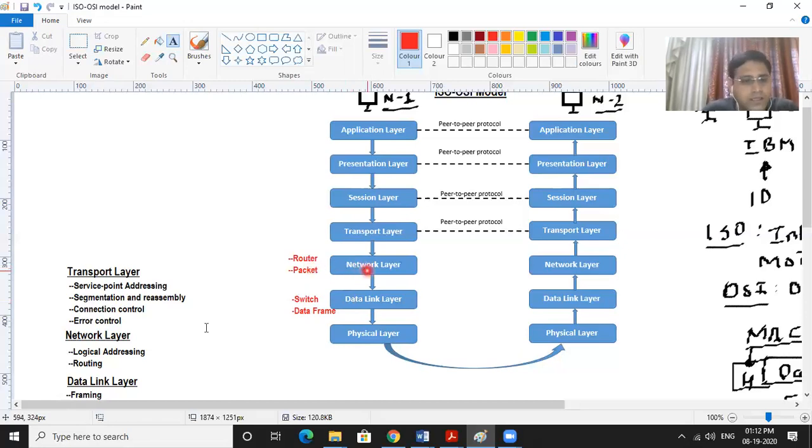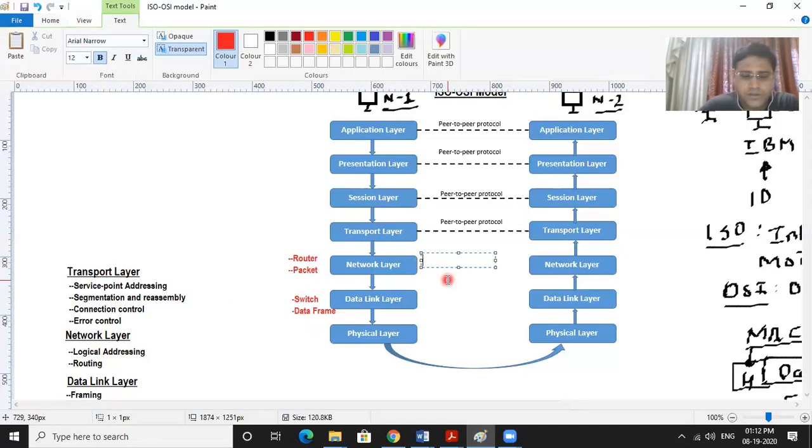Now network layer, as we can see here, uses logical addressing. Now what is that logical addressing? We have already discussed that in logical address we use IP address, Internet Protocol address. That is our logical address.